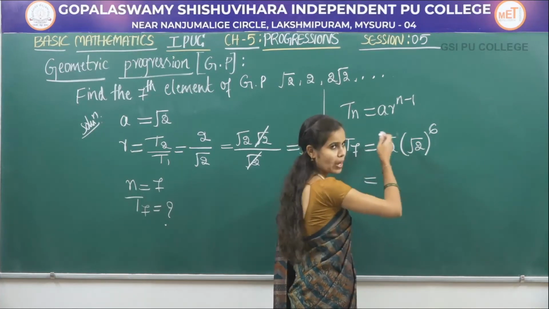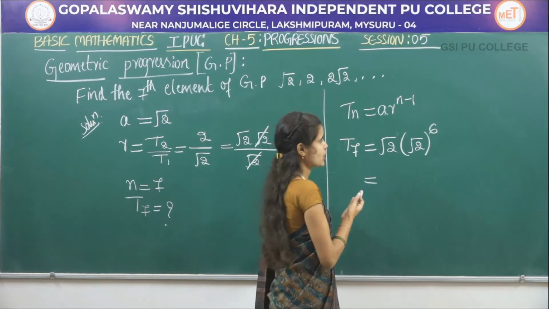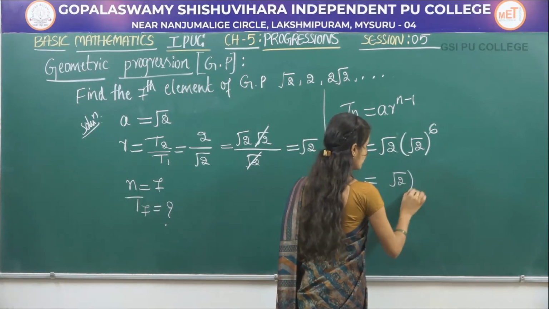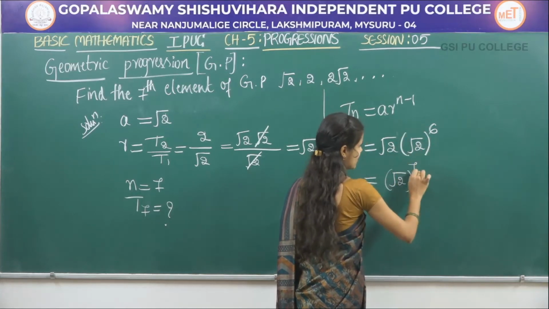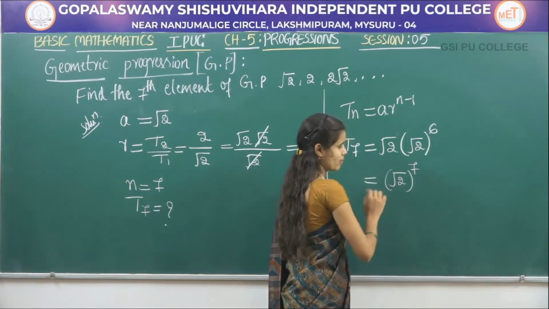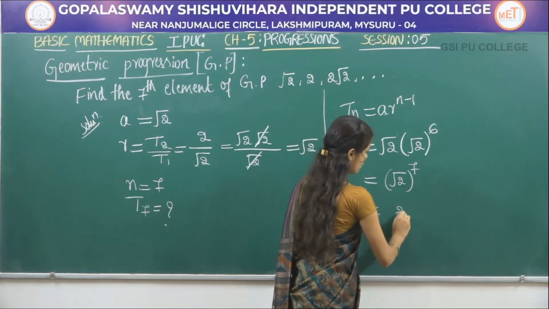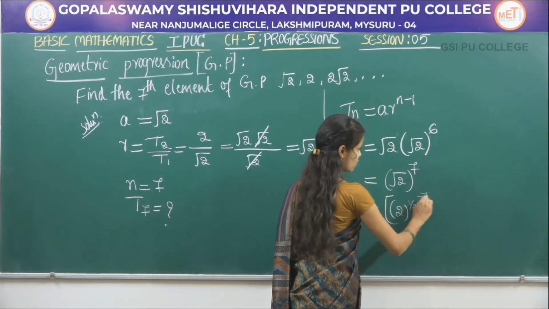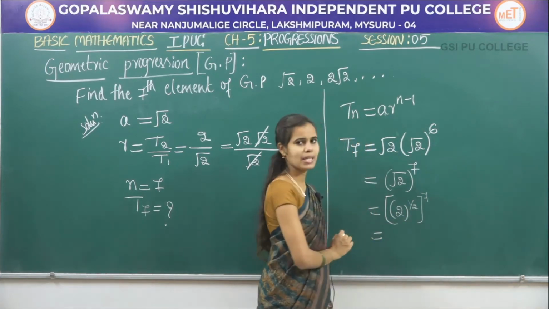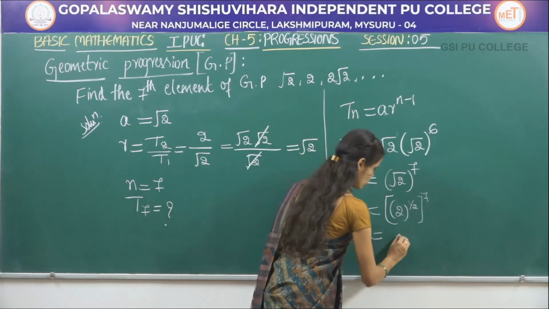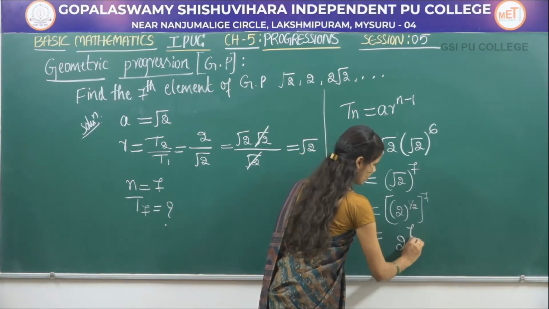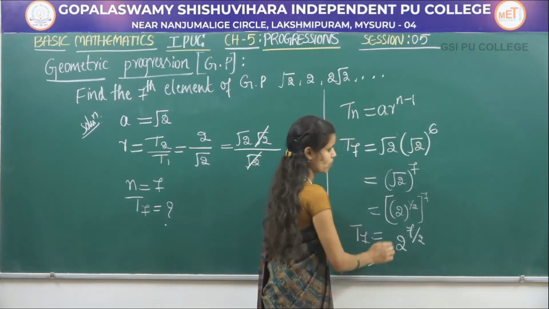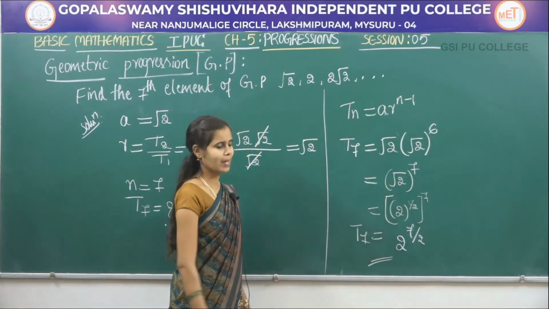The base is the same, so add the powers, applying the first law of exponents. So root 2 to the power of 1 plus 6 is 7. Root 2 can be written as 2 to the power of 1 by 2, so this is (2 to the power of 1 by 2) whole to the power of 7. Multiplying these two powers, we apply the third law of exponents: 2 to the power of 1 by 2 into 7, which is 7 by 2. Therefore T7 is equal to 2 to the power of 7 by 2.